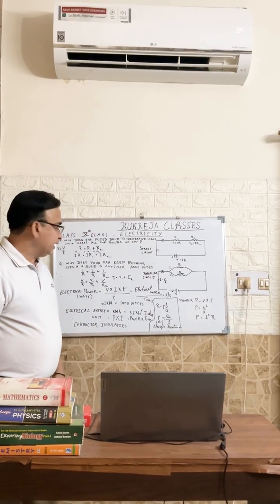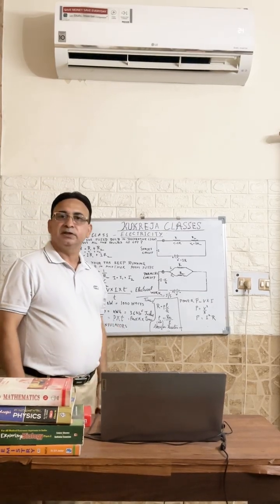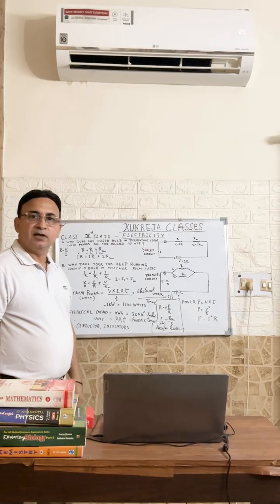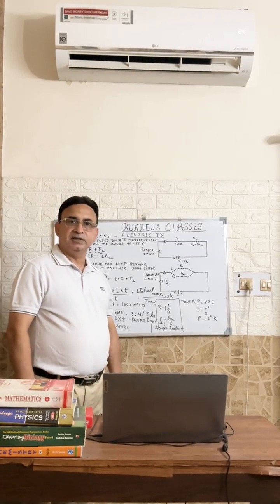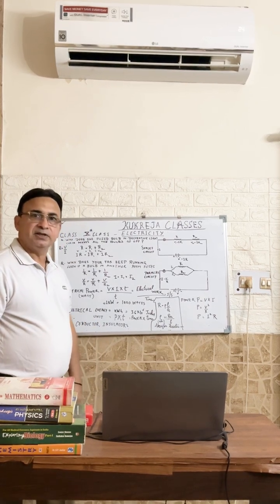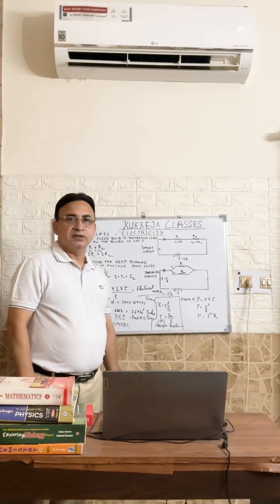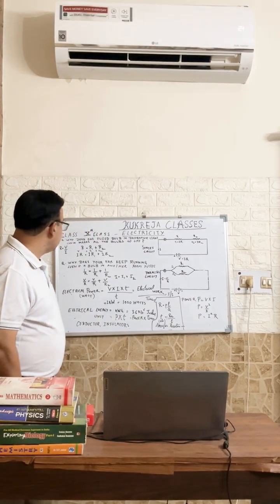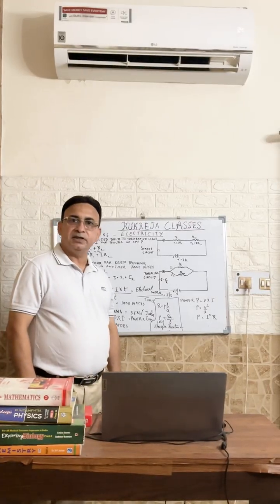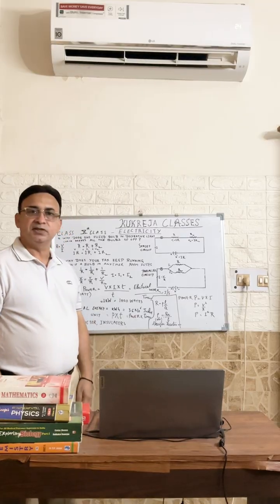So we can say I is directly proportional to V, or V is directly proportional to I. When you increase the potential difference across the conductor, the current increases, and when you decrease the potential difference, the current in the conductor decreases. The ratio of voltage and current is a constant which we call resistance. The unit of resistance is ohm.